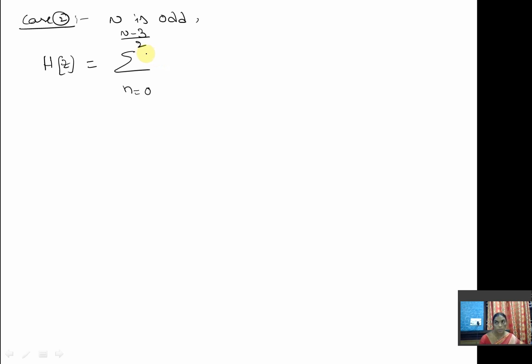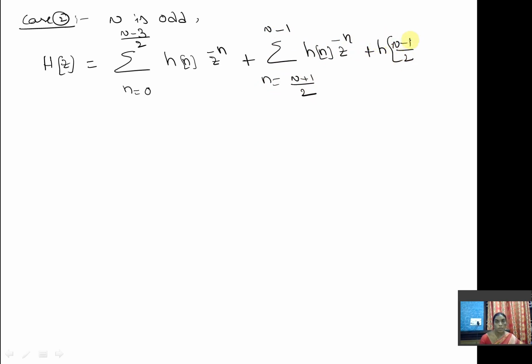That means here, see this, n equals n plus 1 by 2 to n minus 1, plus the middle term, this one. So that is like this.